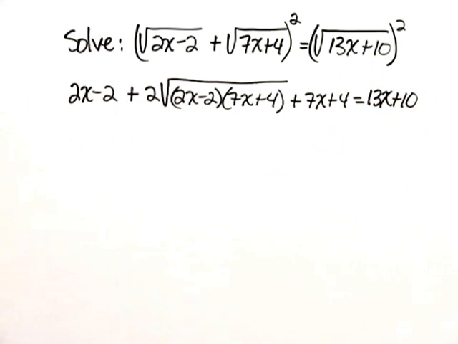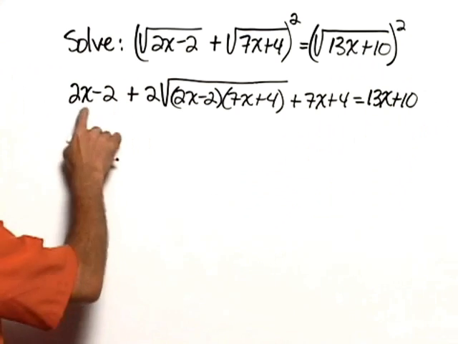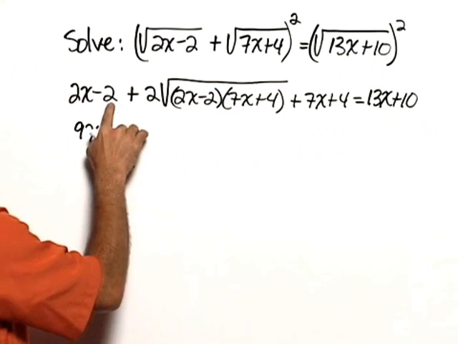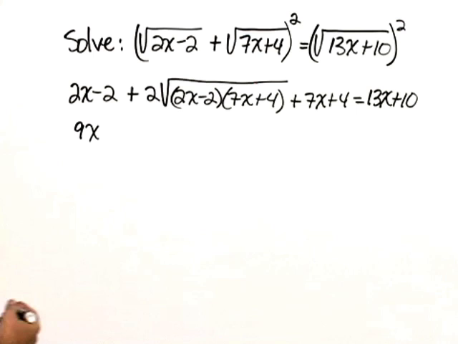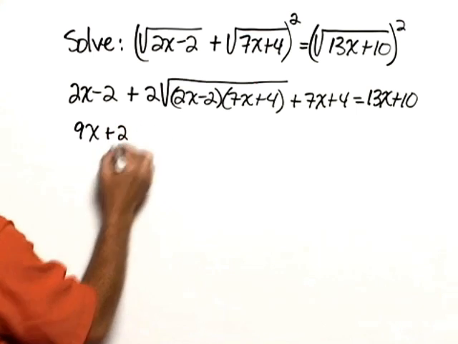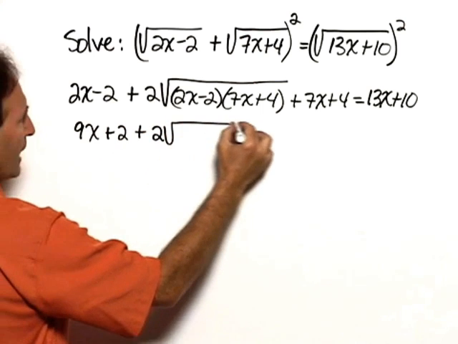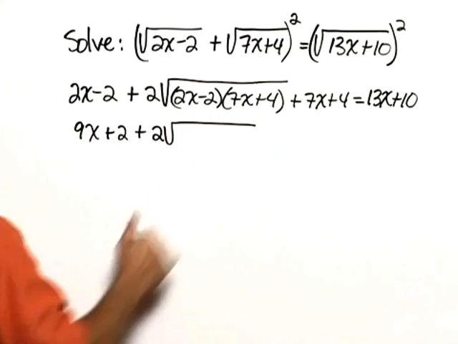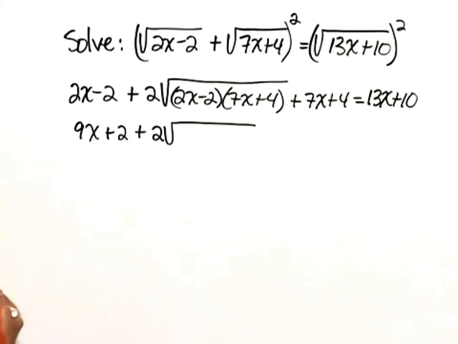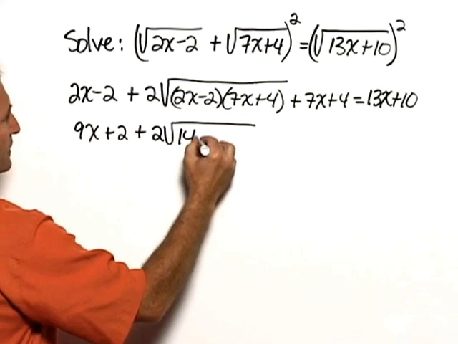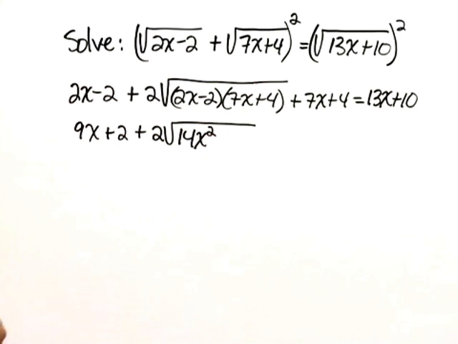So simplifying the left-hand side, 2x plus 7x is 9x, minus 2 plus 4 is plus 2. Then we have plus 2 times the square root of, let's expand out this binomial times binomial. 2x times 7x is 14x squared.